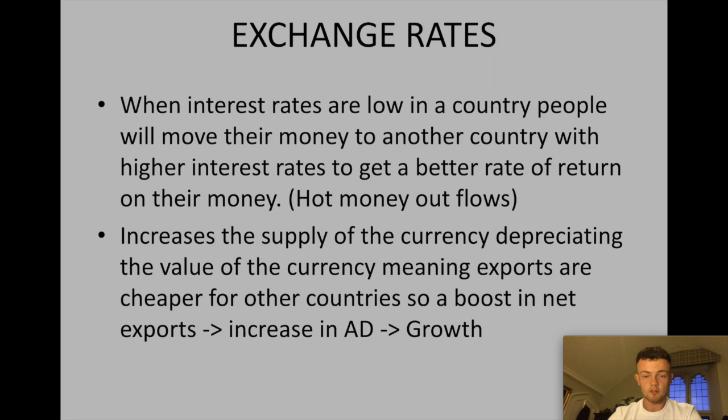It increases the supply of the currency, depreciating the value of the currency, meaning exports are now cheaper for other countries, so they will see a boost in net exports, increasing the aggregate demand and therefore growth. This will mean that US businesses will see an increase in demand from other countries and therefore should boost their share prices as the valuation increases.